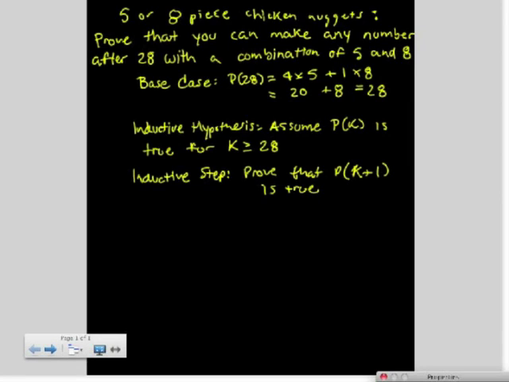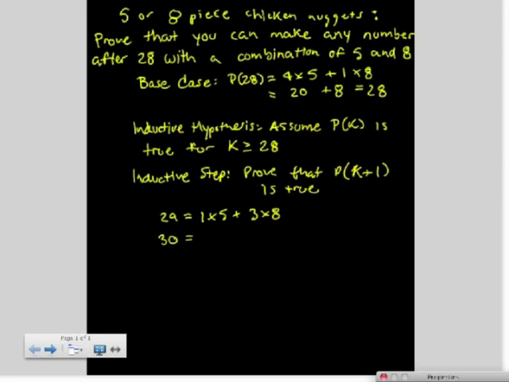So how we're going to do that is, since we started with 28, we're going to say, how would we get from 28 to 29? If we look at how we would get 29, you would do 1 times 5 plus 3 times 8. So you do 1 5-piece and 3 8-pieces. This is because 3 8-pieces is 24 and 1 5-piece is 5, so you're going to get 29.